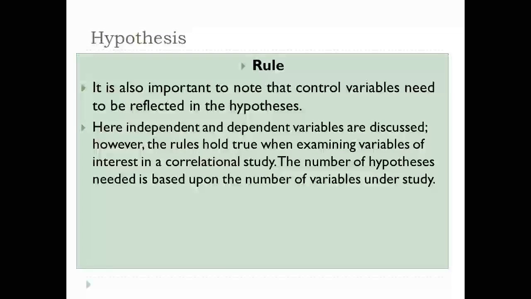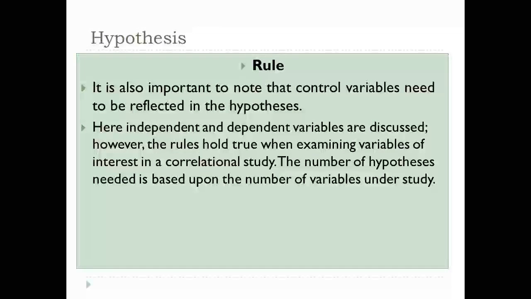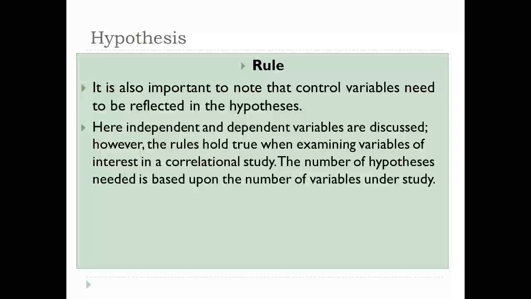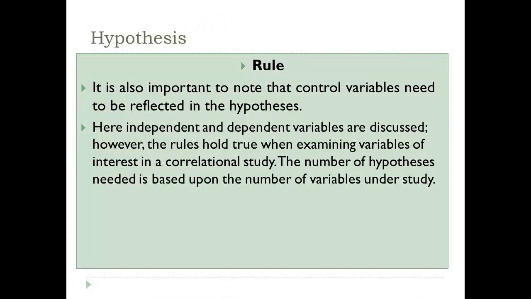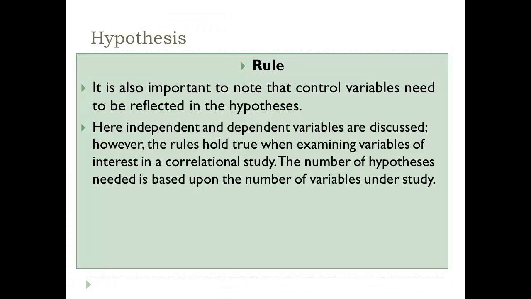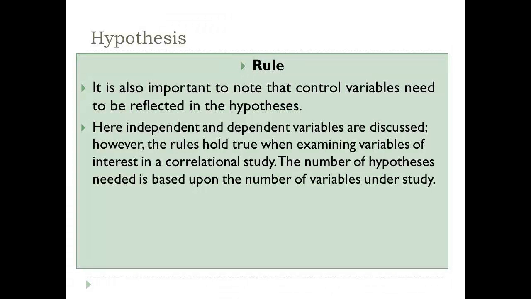So if you're looking at the relationship between one variable and multiple variables, just like in our dependent variable rule, you're going to have a hypothesis for the linear combination of the multiple variables and how they relate to the one variable. And then you're going to have a hypothesis for each of the individual variables, how they relate to that one variable. So the rules that we just looked at hold true for correlational studies too.